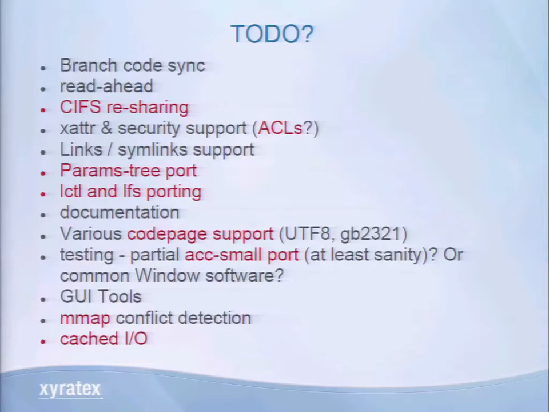Read ahead, probably an absolute necessity, so it's in black. There's two things to do here. We have to enlarge the user's request windows. Right now they're small and they need to be enlarged to RPC size. And then the second thing is that we need to predict the next user read ahead.